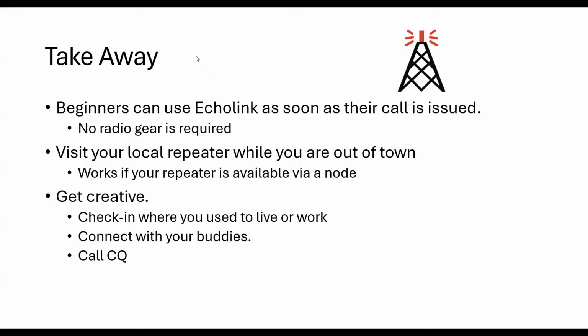Then you talk on your app or your computer, and there is an option for the radio, but nevertheless, you'll be on the repeater just like the other folks who may be at home, in their mobile, or on an HT.